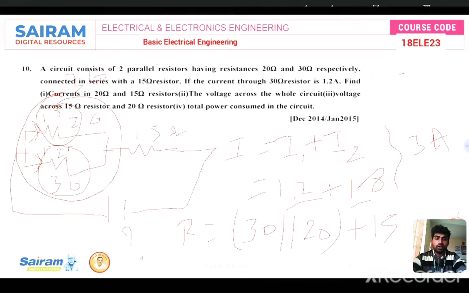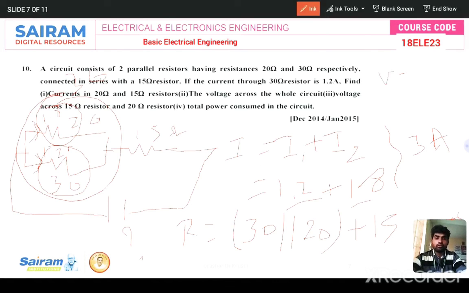V is equal to I into R equivalent. This is also fine, you can solve like this also, because all the resistance values are given so R equivalent you can calculate. Finally V is equal to 3 into R equivalent, and we will get 81 volts.